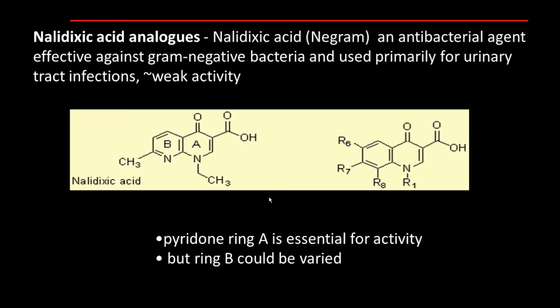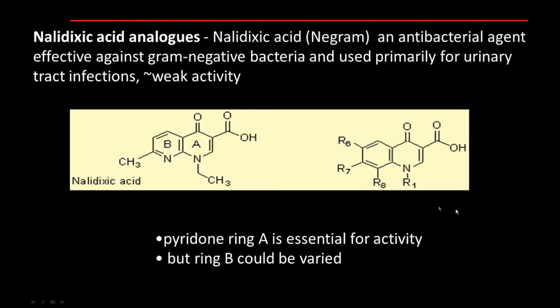The structure activity studies have shown that the pyridone ring A is essential for activity, and this ring can be kept constant while we change these other things quite a lot.